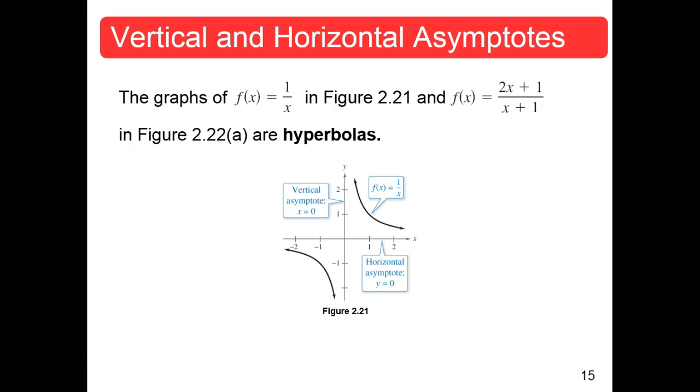Okay, don't get up. All right. The graph of alpha of x equal to 1 over x in figure 221, and the graph of alpha of x equal 2x plus 1 over x plus 1 are both called hyperbolas. You don't really need to know that, but they're both true, okay?